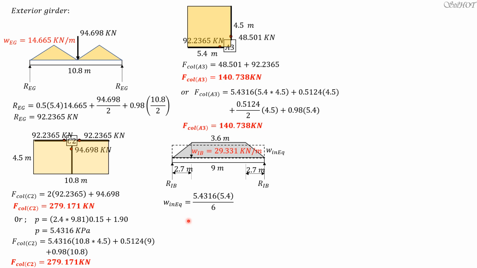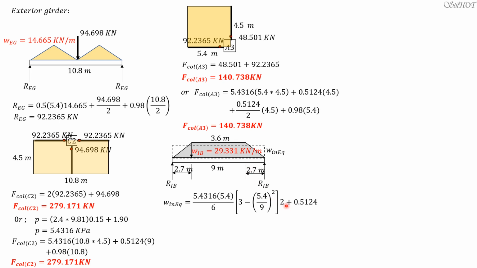And the weight of the beam is separated. So this is the pressure, this is the S, 5.4 over 6, then 3 minus S over L quantity squared, remember the formula. Then we multiply the whole of this value by 2 because this is an interior beam. There are two equal sides of the interior beam.